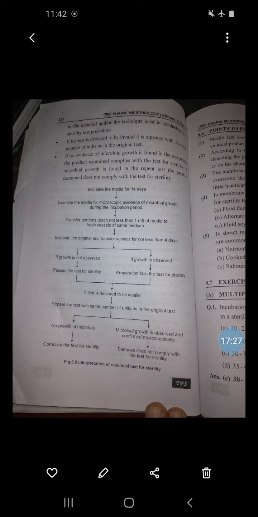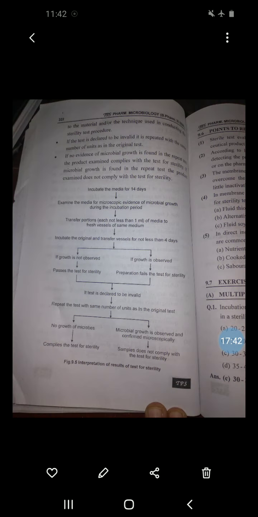If there is no growth of microbes, the sample complies with the test for sterility, and if microbial growth is observed and confirmed microscopically, then the sample does not comply with the test for sterility. So this is all about the sterility testing of pharmaceuticals and the observation and interpretation of results.